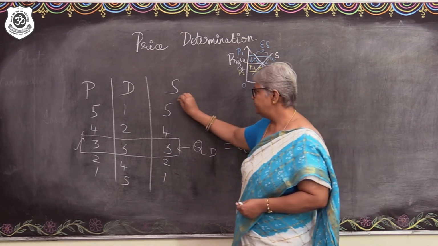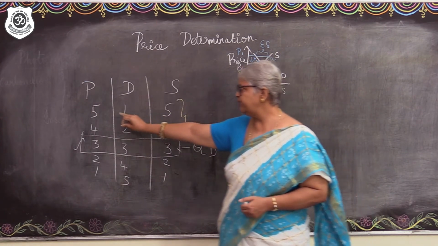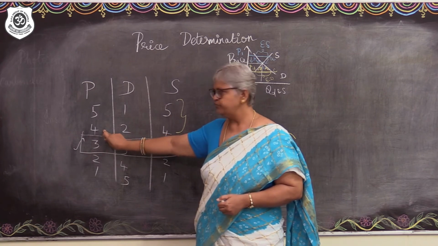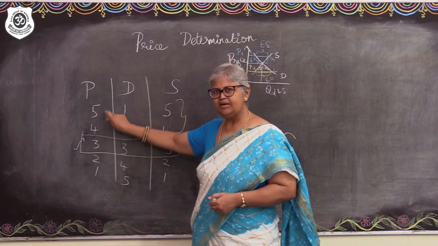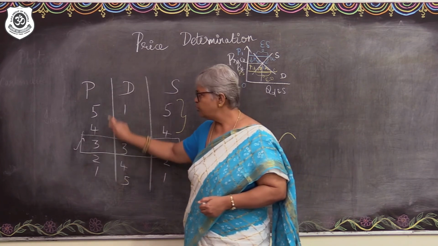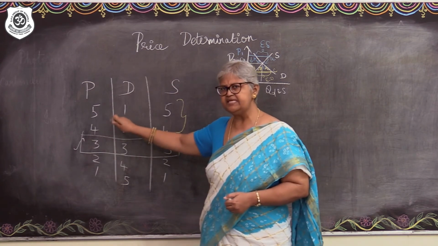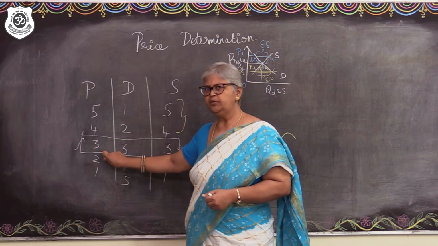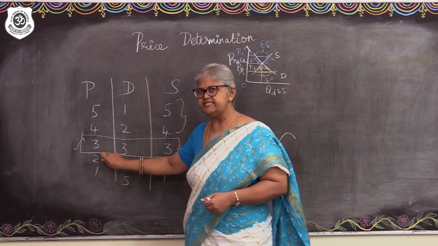Look at these two levels. Over here, price is 5 and then price is 4. These price levels are much higher than 3, right? Fine. So 5 and 4 is a price level which is above the so-called equilibrium price, isn't it?